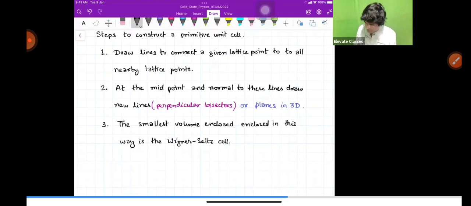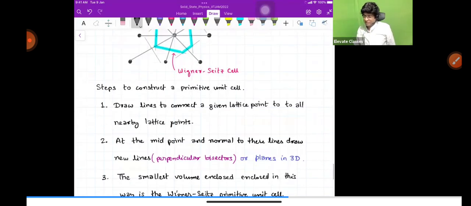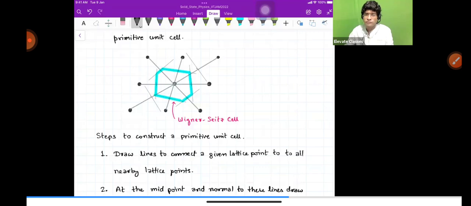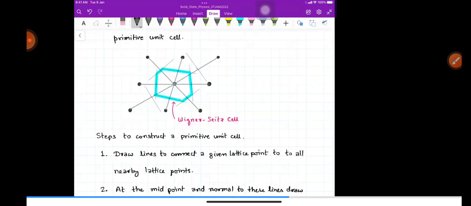All right, Wigner-Seitz primitive cell. In fact, this is a primitive unit cell. Is this clear? All the steps? Yes, sir.